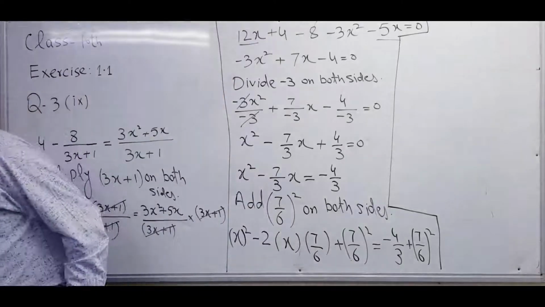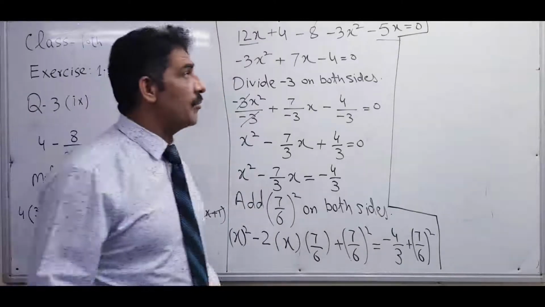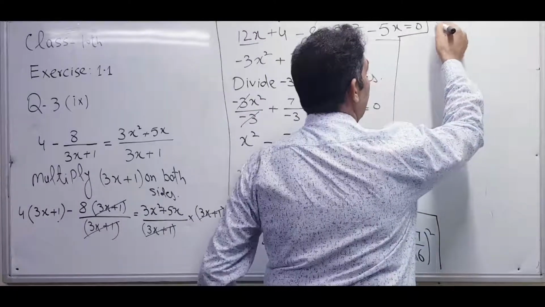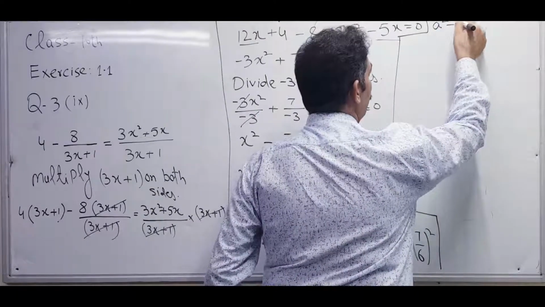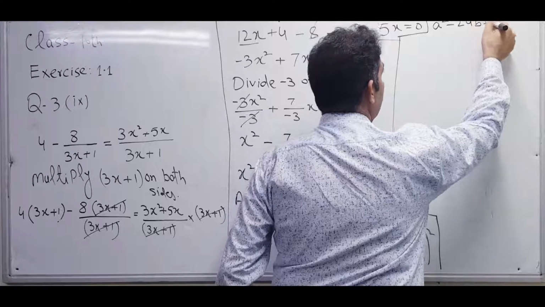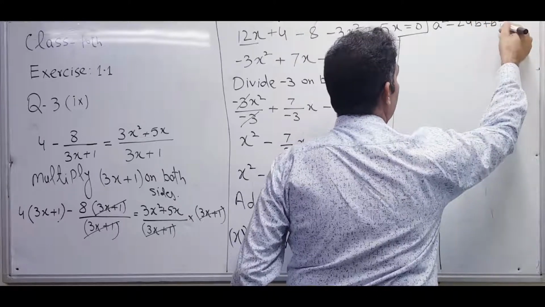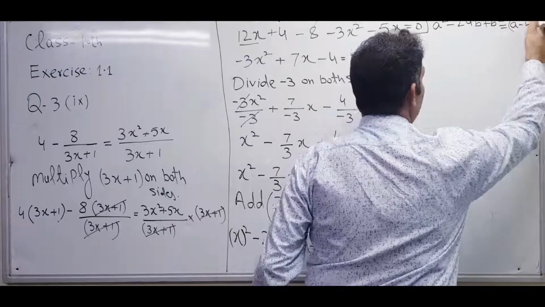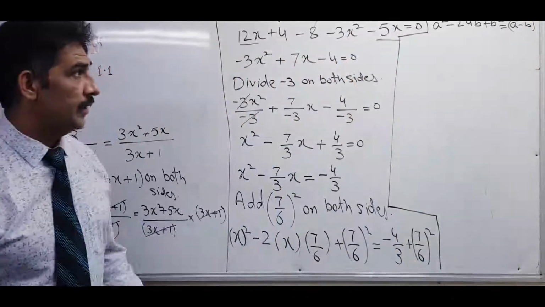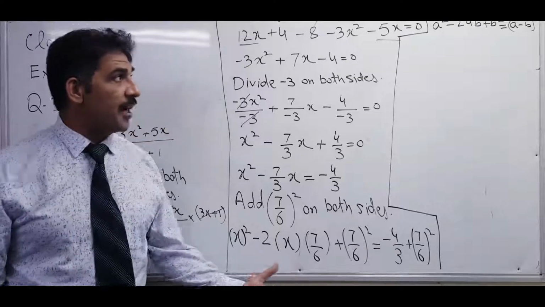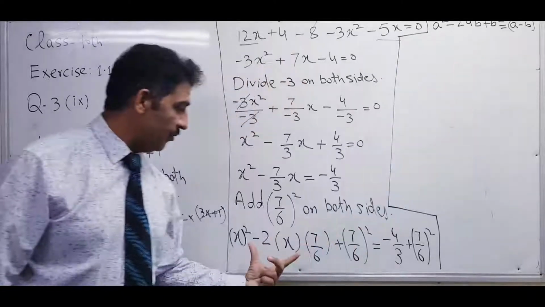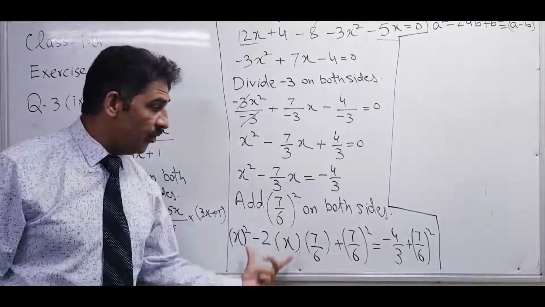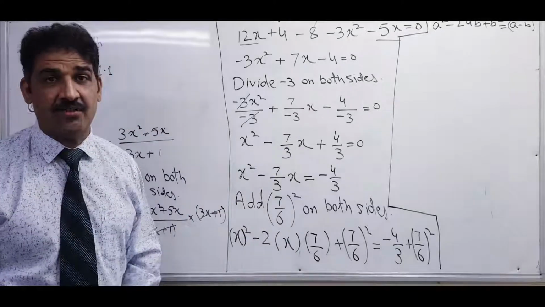A minus b whole square. The formula which we are using here, a square minus 2ab plus b square is equal to a minus b whole square. So the left hand side of the formula is given, and we have to write the right hand side of the formula.